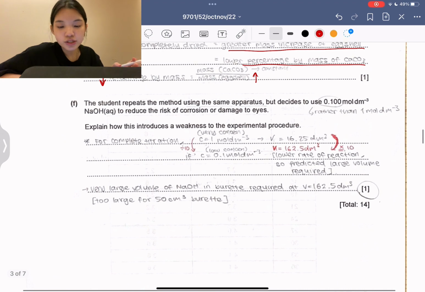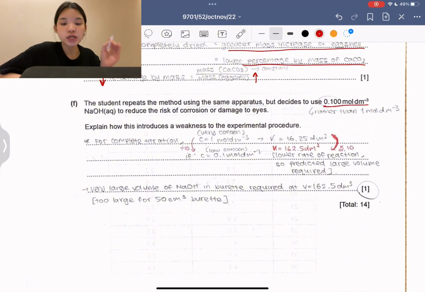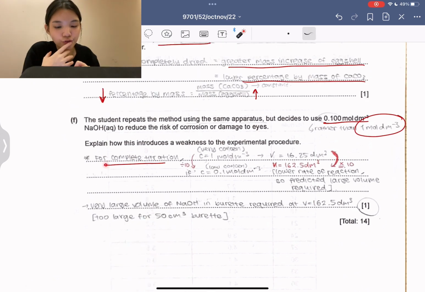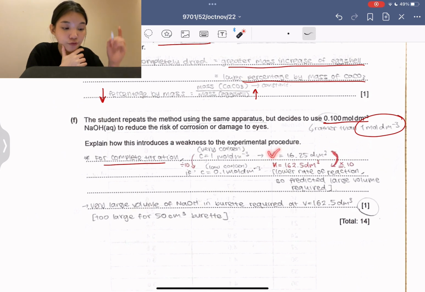Next, F. The student repeats the method using the same apparatus, but decides to use 0.1 mol dm⁻³ NaOH to reduce the risk of corrosion or damage to skin. Explain how this introduces a weakness to the experimental procedure. So for the titration, when 0.1 mol per dm³, a lower concentration, is used instead of 1 mol per dm³ for NaOH, you could see that C equals 1 mol per dm³ corresponds to, just now, a volume of NaOH of 16.25 cm³.